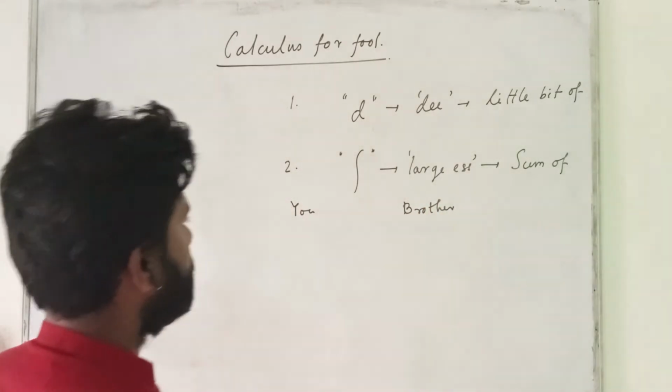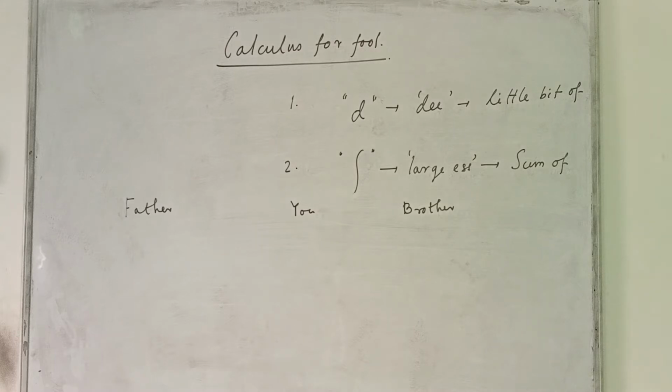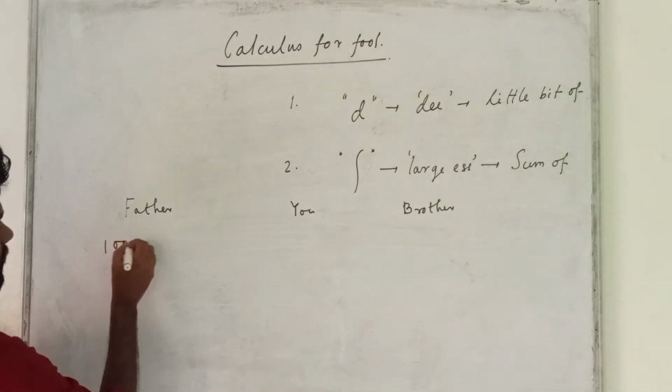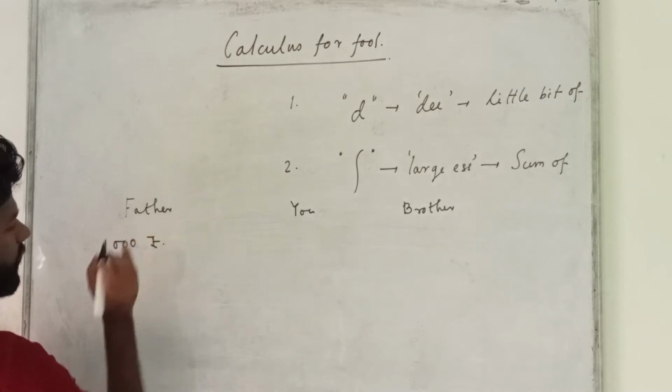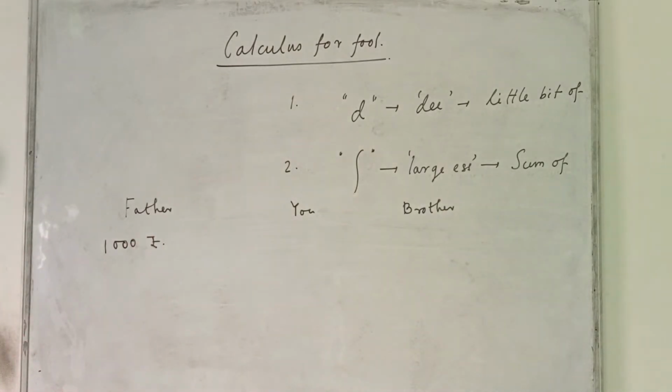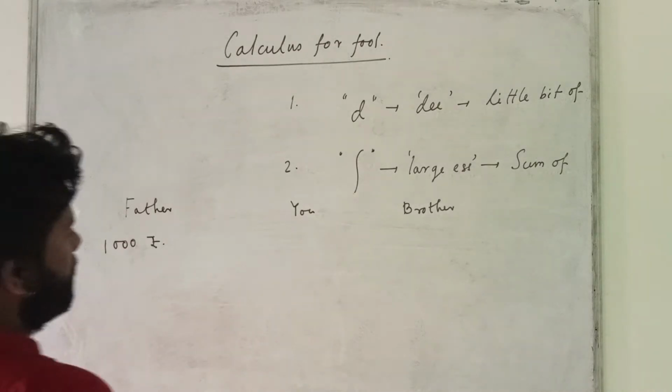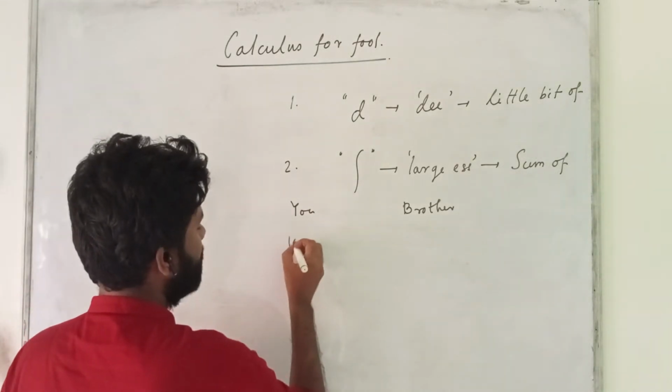Let's assume your father's today's income is 1000 rupees. So now, what amount will you get? 1% of it, and very simple, 10 rupees.